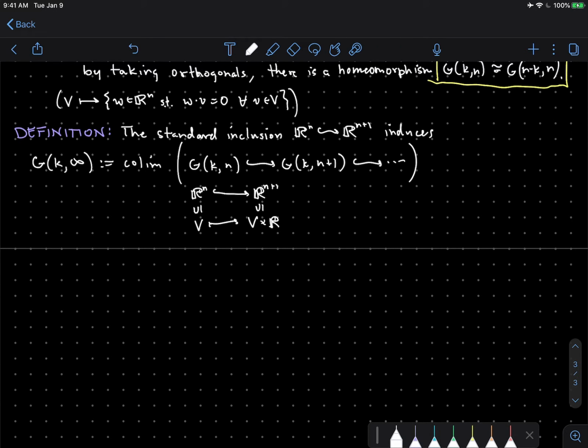So what this gives us is an inclusion of G(k, n) into G(k plus 1, n plus 1). And that gives us a tower. When we take the colimit of that, we get something that's worth being called G(infinity, infinity).